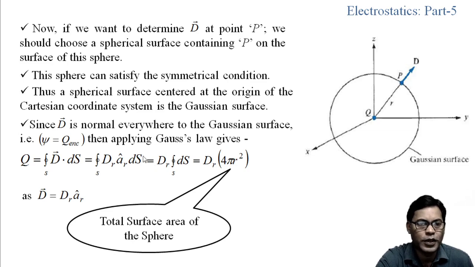Dr is a constant value because it is the magnitude, so it is taken outside the surface integral of ds. Now we know the surface area of the sphere is 4 pi r square. So from that we get Dr into 4 pi r square, and so Dr equals q by 4 pi r square.